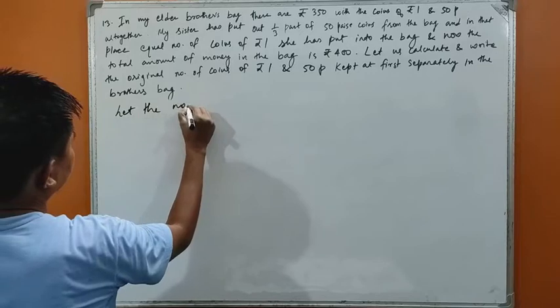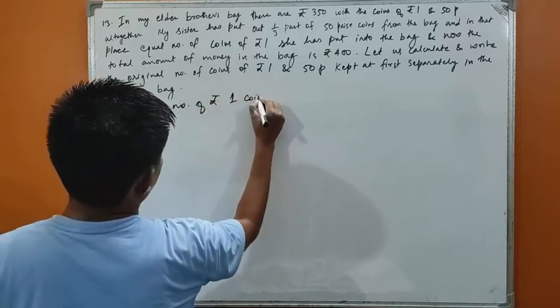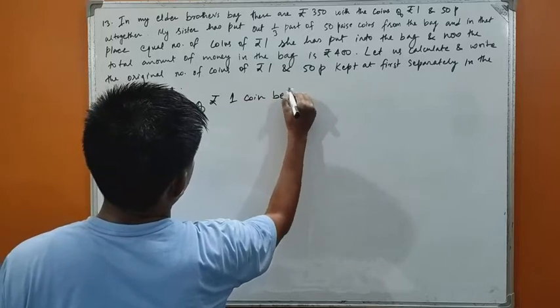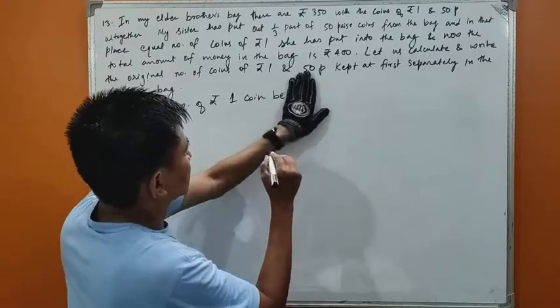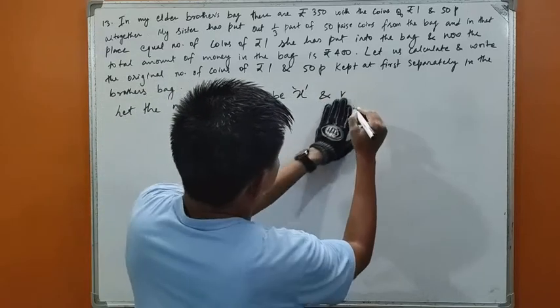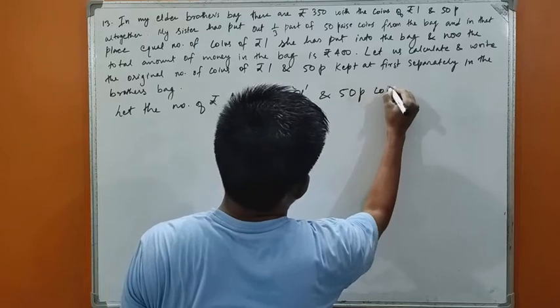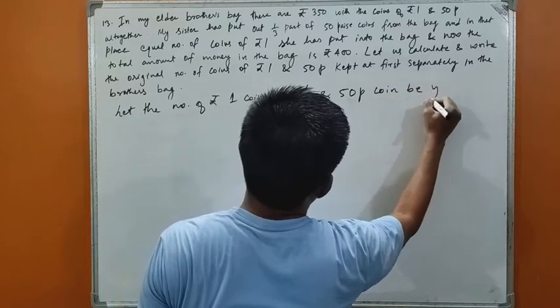Okay, so let the number of rupee 1 coin be x, and 50 paise coin be y.